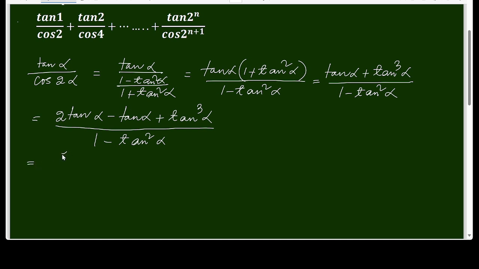One is 2 tan alpha over 1 minus tan square alpha, and here negative common, it will be tan alpha minus tan cube alpha over 1 minus tan square alpha.